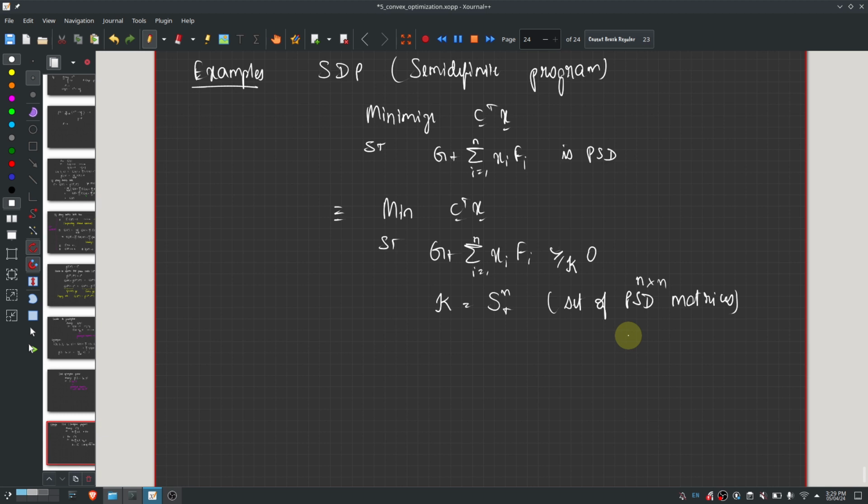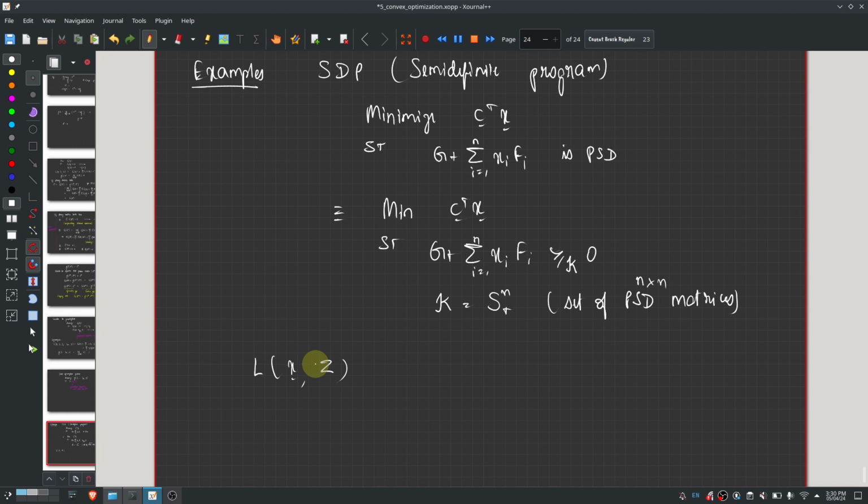What would the dual be in this case? Let's formulate the Lagrangian L of x comma. Now I have to be able to formulate a dual program. So the Lagrange variables will in fact be a matrix. I'll collect all of the Lagrange multipliers in terms of an n by n matrix.